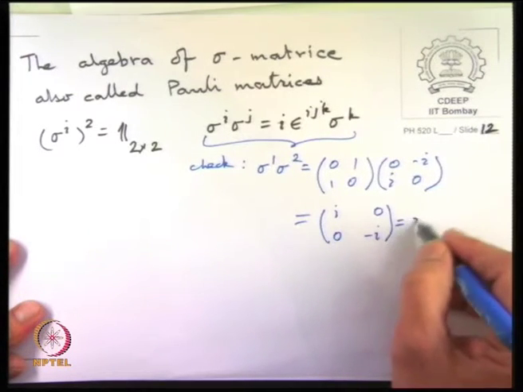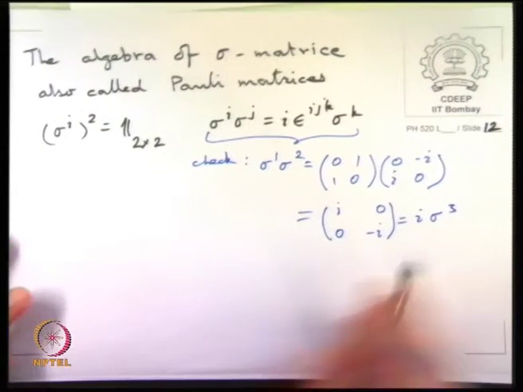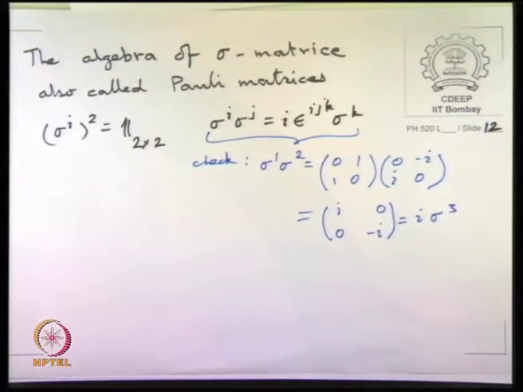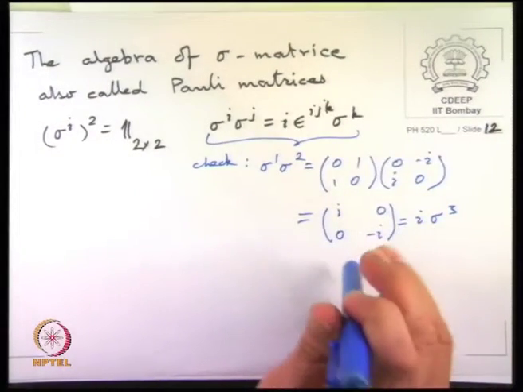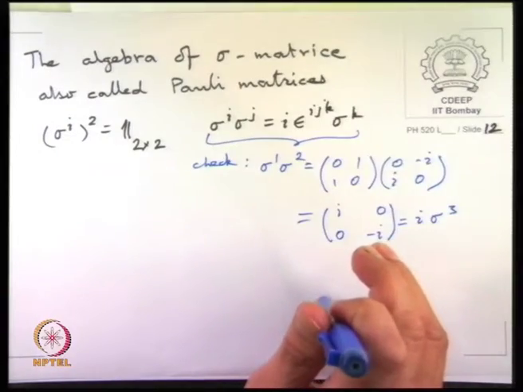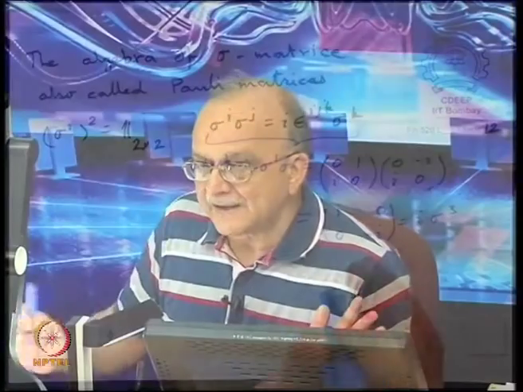So it is equal to i times sigma 3 matrix. So you can cyclically check this for sigma 1, sigma 2 and sigma 3, and you will essentially get this epsilon, the cyclic property. But this is a special property of sigma matrices which does not generalize to SU(N). Okay, this is special to SU(2).